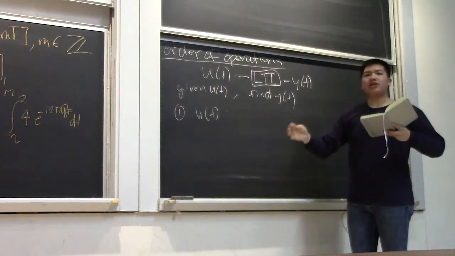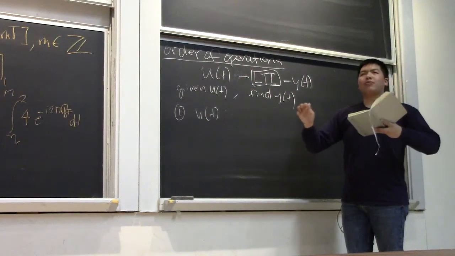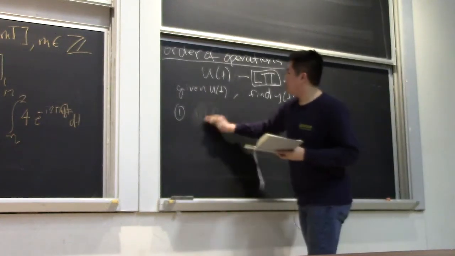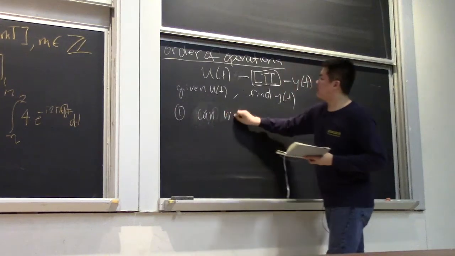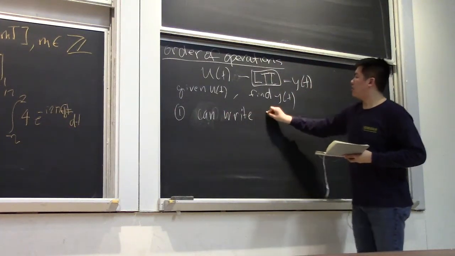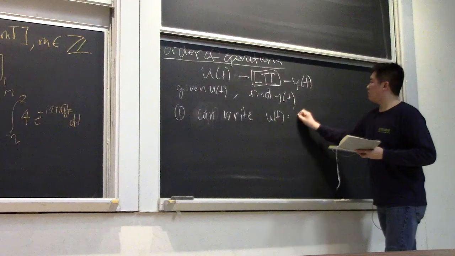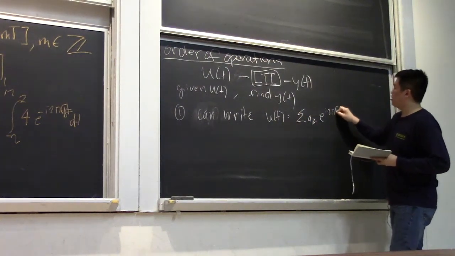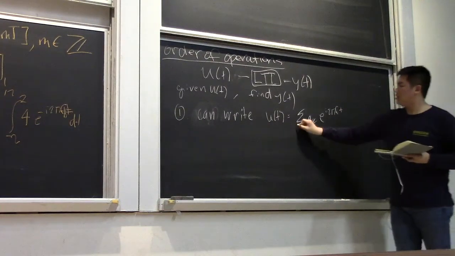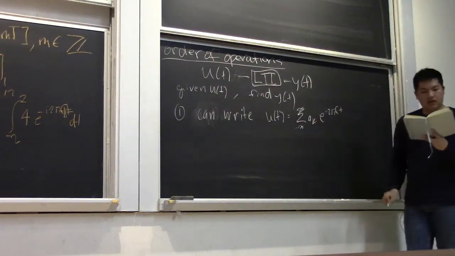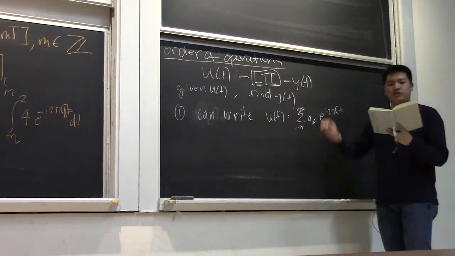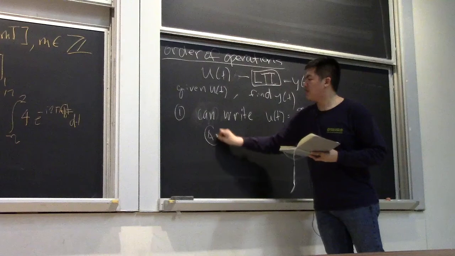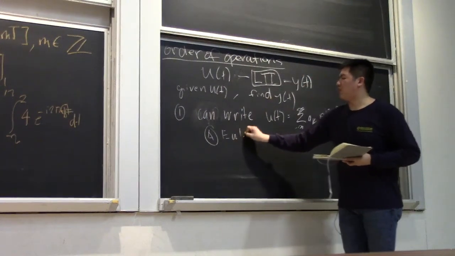complex exponents, some periodic functions? And in order to do this, you have to ask first, can I write it with Euler identities?